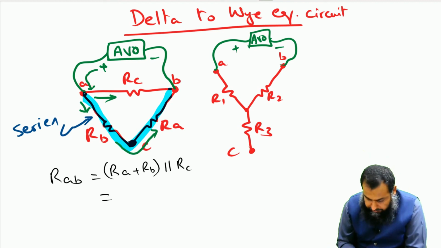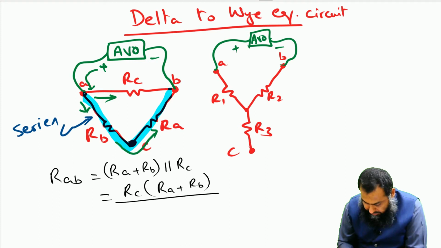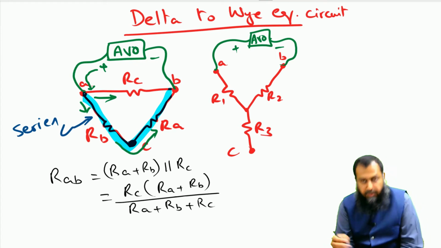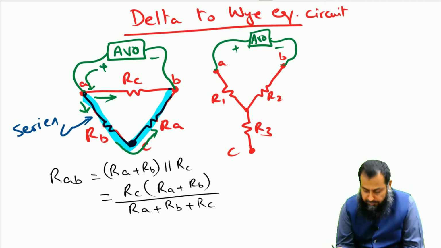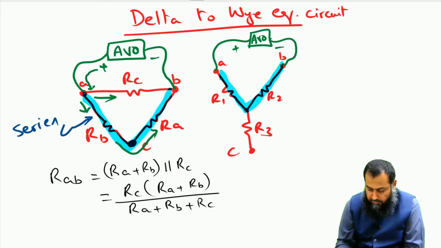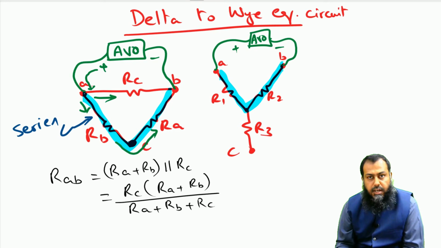So, we can write this as RC into RA plus RB divided by the sum of all the resistances RA plus RB plus RC, right. However, in this particular case, for the Y connected network, these two branches R1 and R2 are simply in series, because there is no path for the return of the current through this resistance R3.